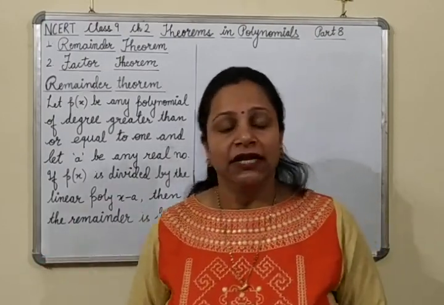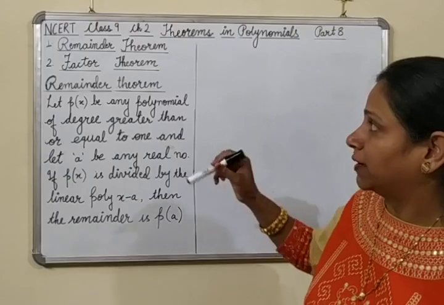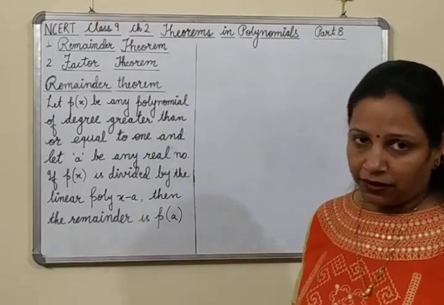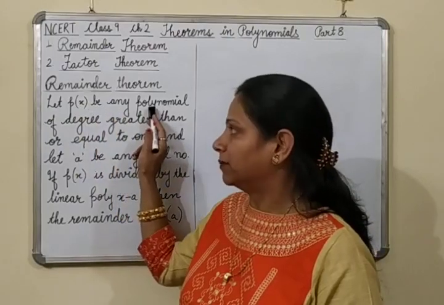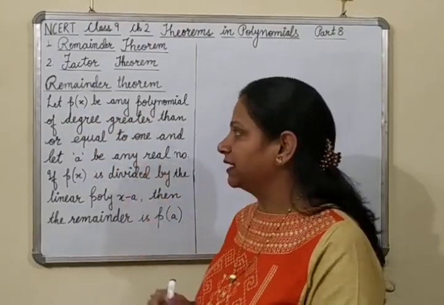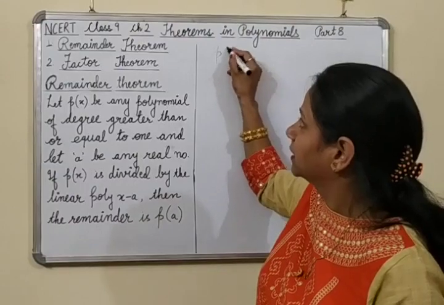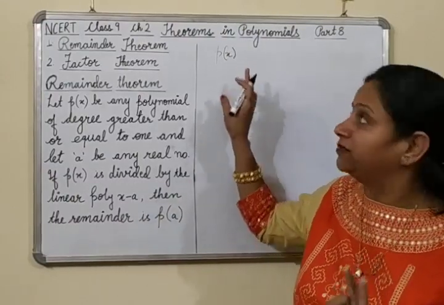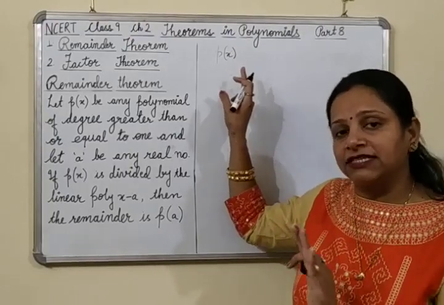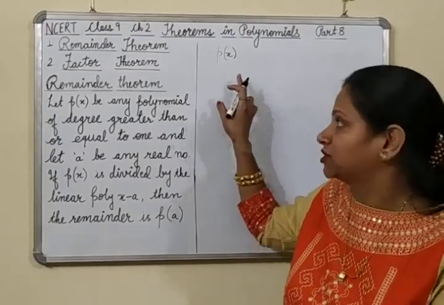Okay. Now we start with the remainder theorem. What is the remainder theorem? Let P(x) be any polynomial. We have been doing polynomials and we consider any algebraic expression as a polynomial.